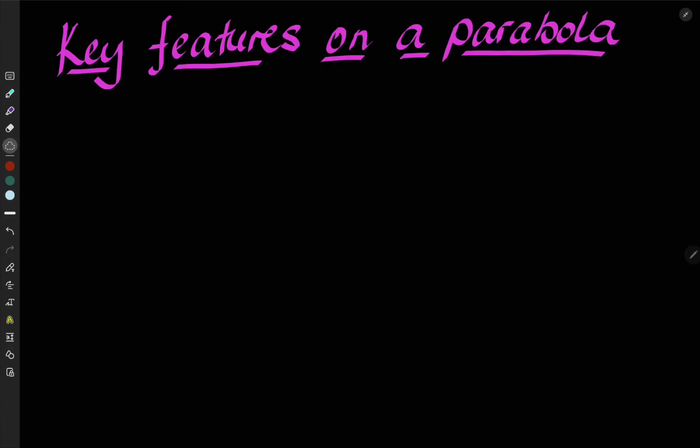Now, since you know that the general equation of a quadratic graph is y is equal to ax squared plus bx plus c, we want to talk about the key features of a parabola.